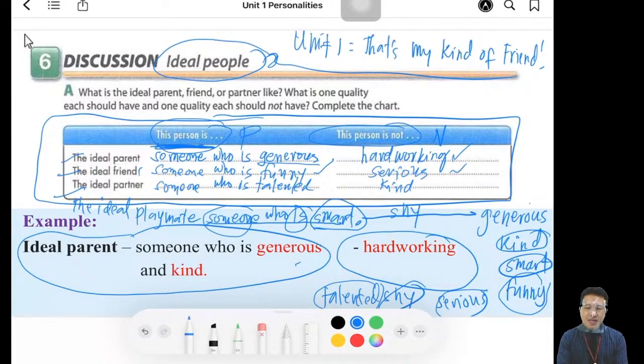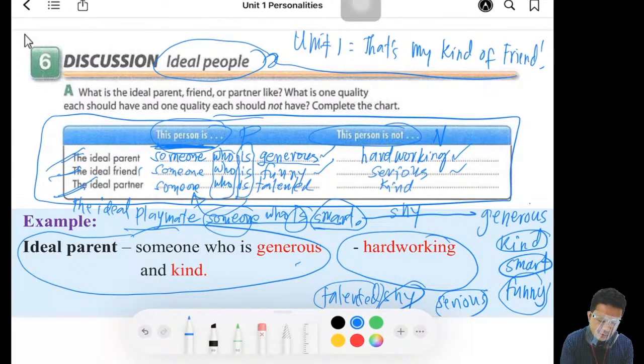So these are the things that you need to remember when you write or create sentences about your ideal people. Your parent, your friend, your partner, or your playmate. And always remember, don't forget to use the indefinite pronoun someone, then the relative pronoun who, and the verb is. We use is because of someone.